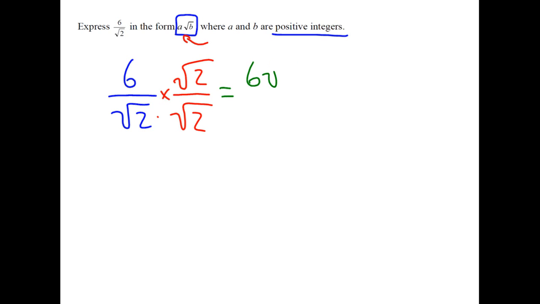On the top, 6 root 2. Root 2 times root 2 is 2. Okay, so you've got 6 times root 2 on the top, and then you're dividing by 2. Well, you can just focus, and you can just divide the 6 by the 2, which gives you the answer of 3 root 2. Okay.